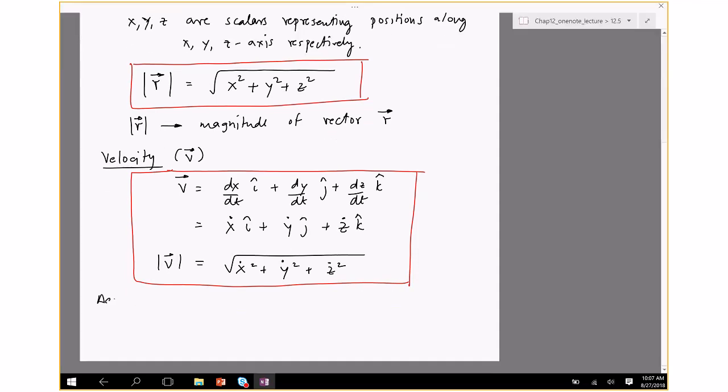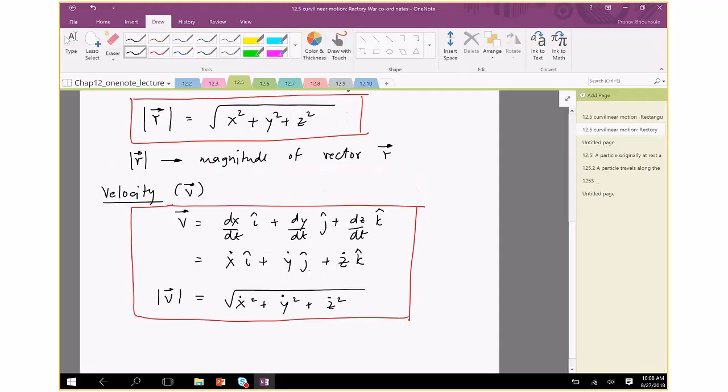And finally, we have the acceleration. Okay, acceleration is the second derivative of position. So when I write x double dot, let me write it on a new page, it just means it's d square x dt square and so on. So we complete this.